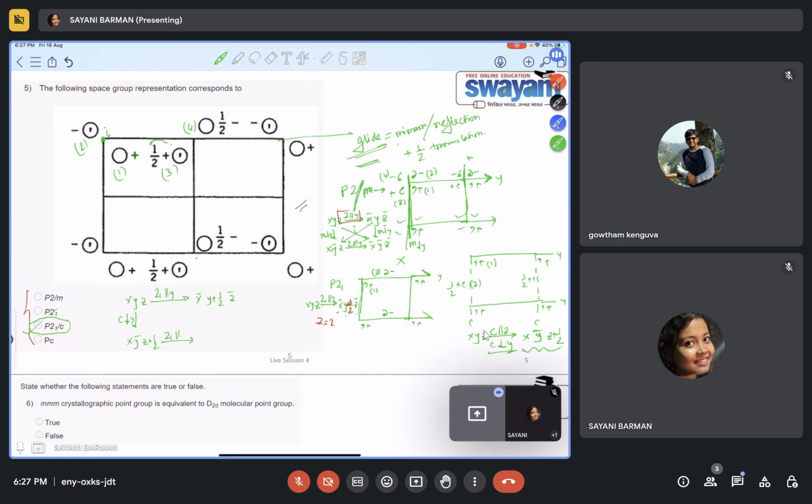Now if I apply 2-1 screw again on this, you'll be getting x, y plus half bar, and z plus half. 2-1 parallel to Y means it is also perpendicular to Z. That's why we are getting a bar here.